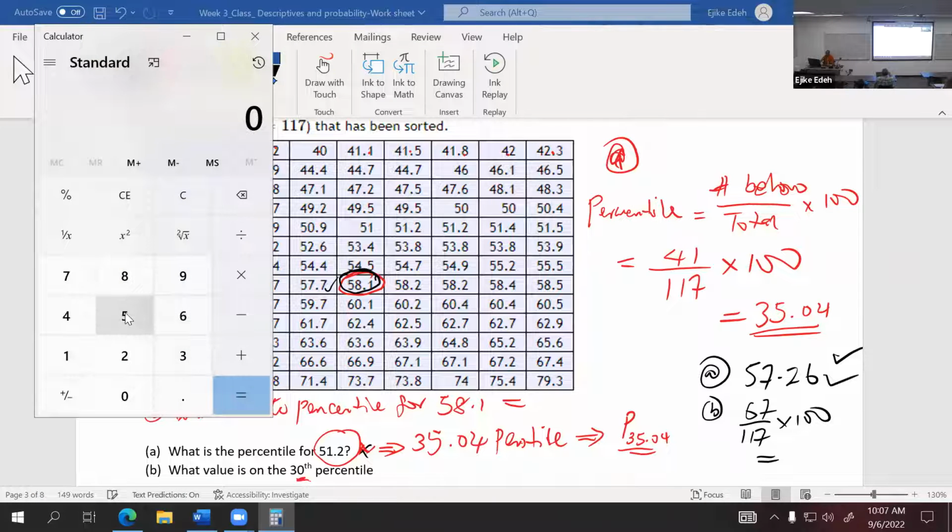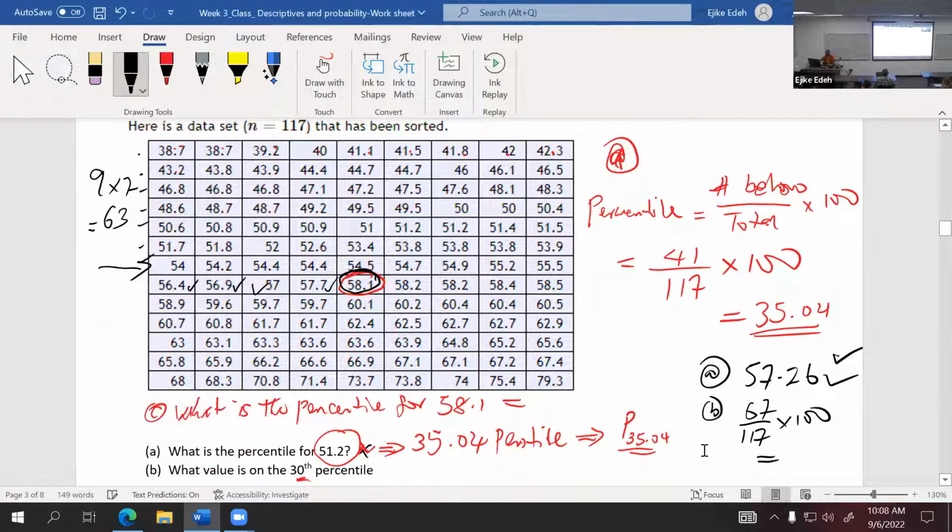Okay, so 67 divided by the total, which is 117, gives us 57.26. Okay. Is this still confusing to anybody? So this answer is correct. So just the number below, okay.